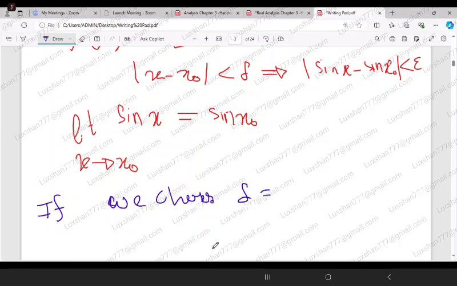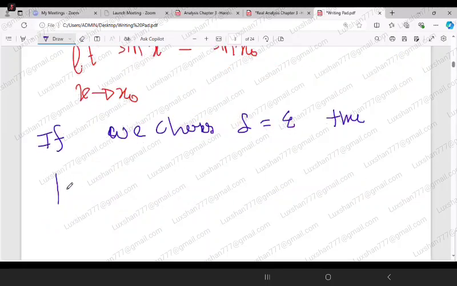We want to choose the delta now. So delta equal epsilon.